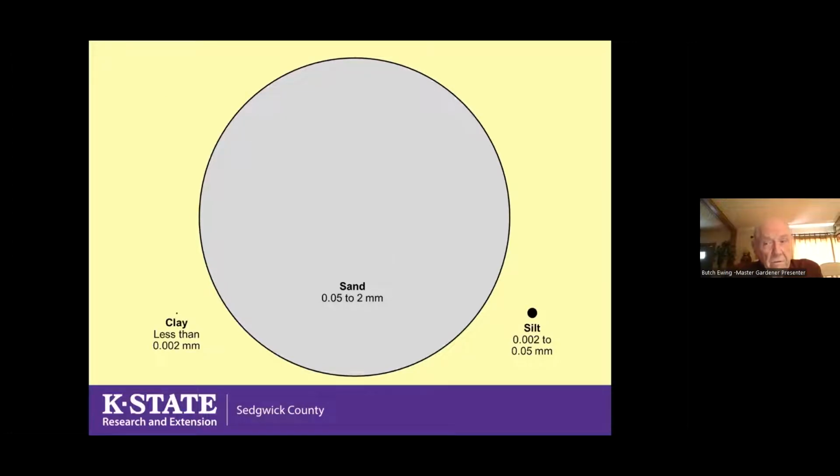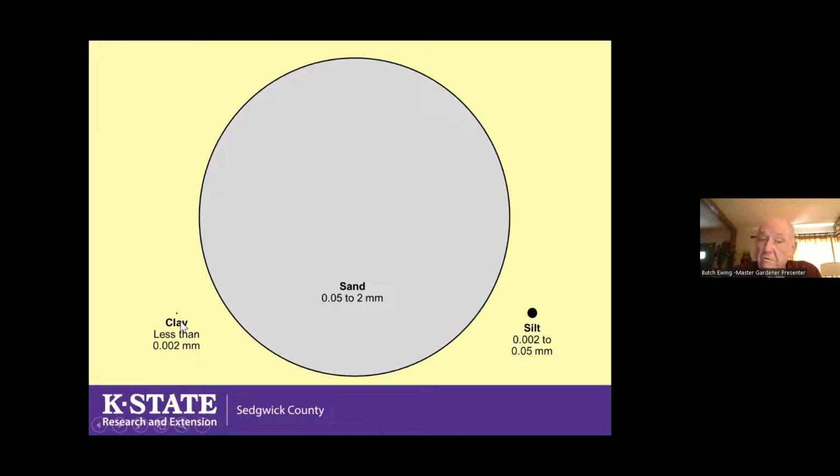So to get an idea of the relative sizes of these particles, if we took one of each particle, a sand particle, a clay particle, and a silt particle, and we enlarge those to the extreme so that the sand particle becomes, let's say, the size of a basketball. At that magnification, the silt particle would be about the size of a marble.